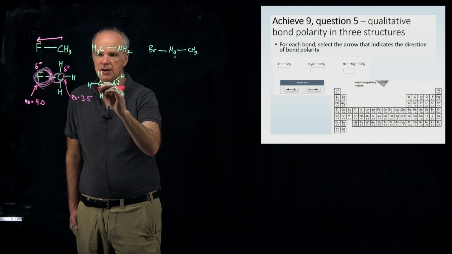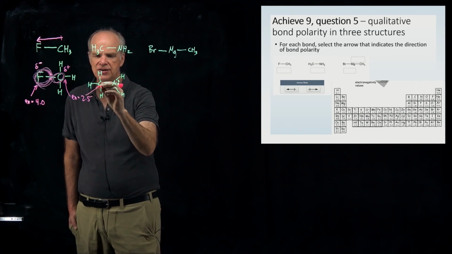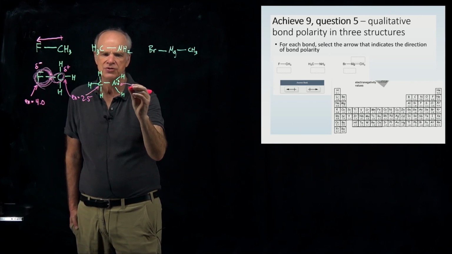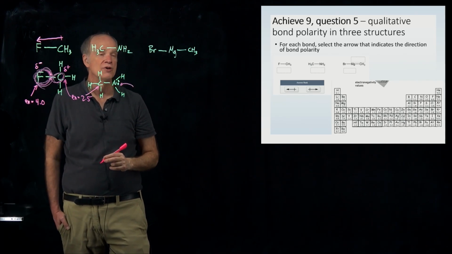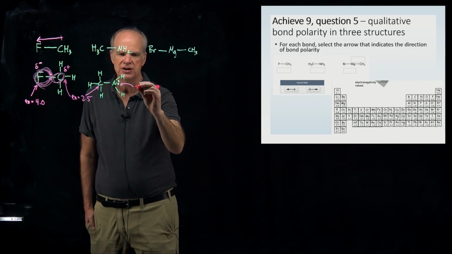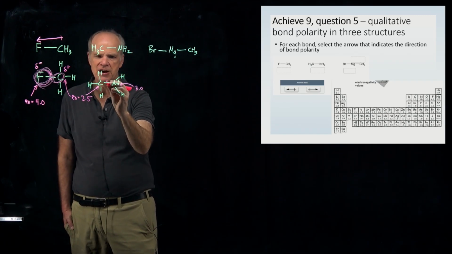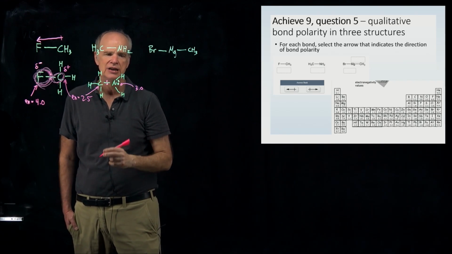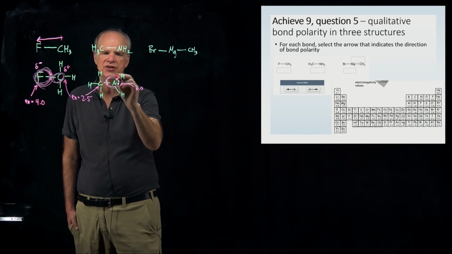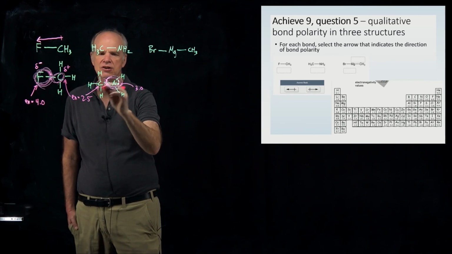And so you can look up the electronegativity of carbon. Again, it's 2.5. You can look up the electronegativity for nitrogen. As I recall, it's 3.0. Okay, so that tells us that this pair of electrons here in the single bond between carbon and nitrogen is going to want to spend slightly more time around nitrogen than carbon.